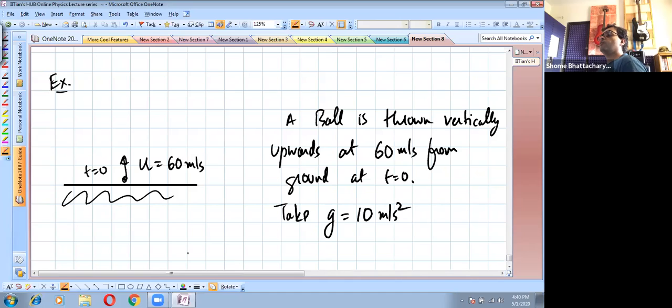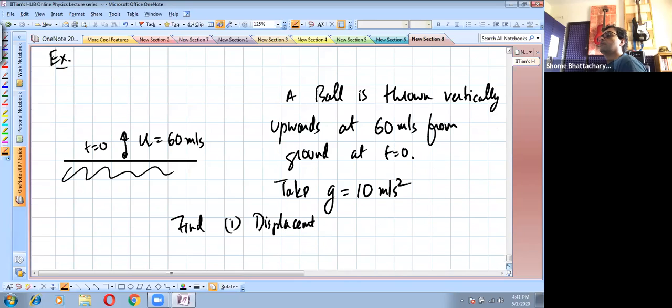Okay. Now we want to find the displacement, the distance traveled, and the velocity at, so all these three things I have to calculate at a certain time.